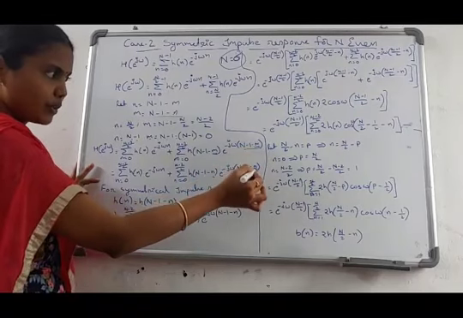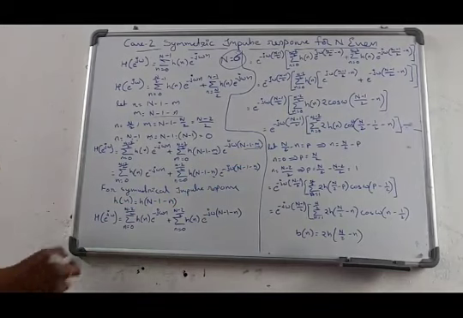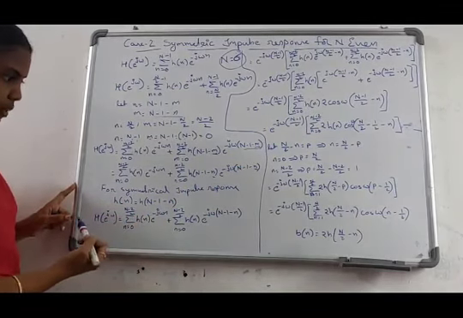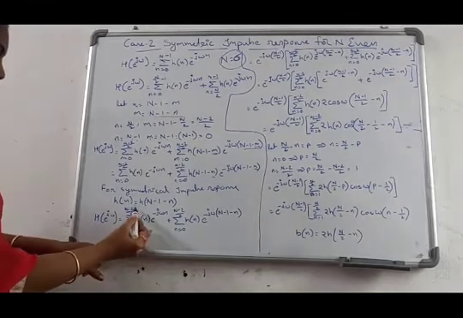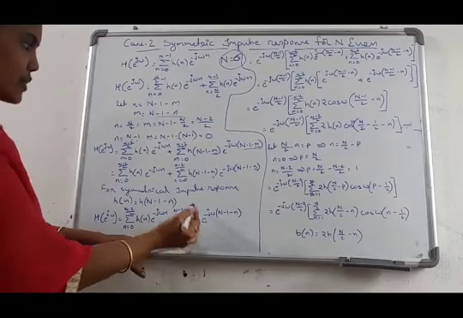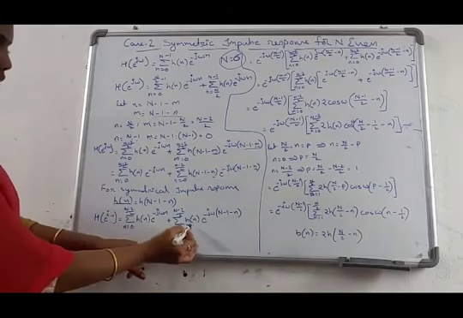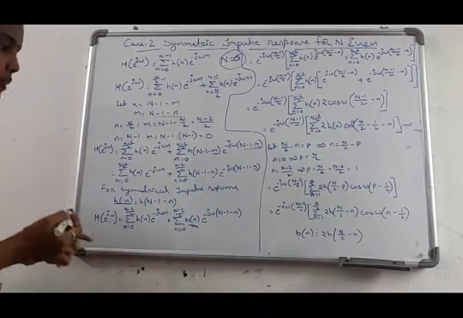For symmetrical impulse response, h of n is equal to h of N minus 1 minus n. So now we have summation n is equal to 0 to N minus 2 by 2 h of n e power minus j omega n, plus, this h of N minus 1 minus n you have to write as h of n here, h of n e power minus j omega, N minus 1 minus n.